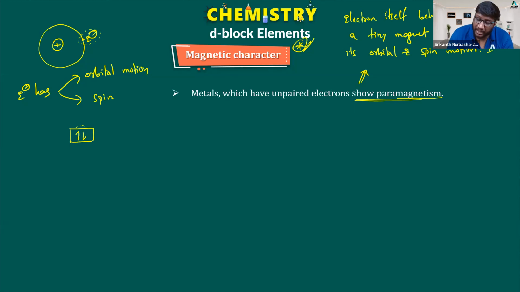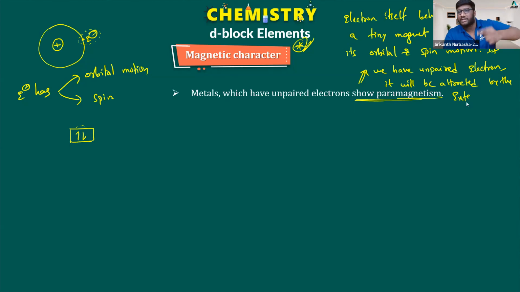If we have an unpaired electron, it has a magnetic field, it will be attracted by the external magnetic field, because the unpaired electron itself has some tiny magnetic field. You are applying some external magnetic field, so there will be some tiny attraction. So it will be attracted by the external magnetic field.